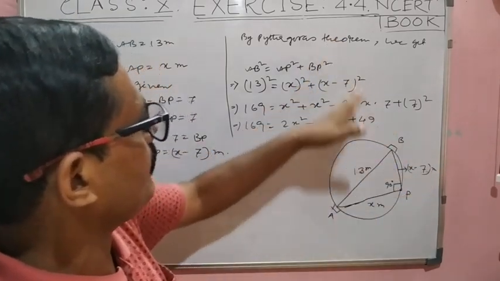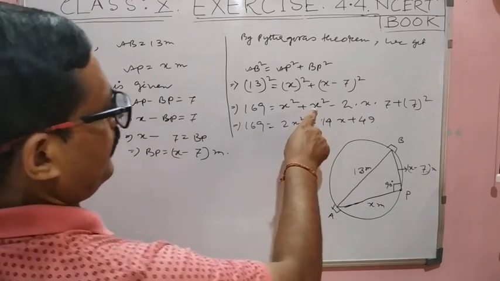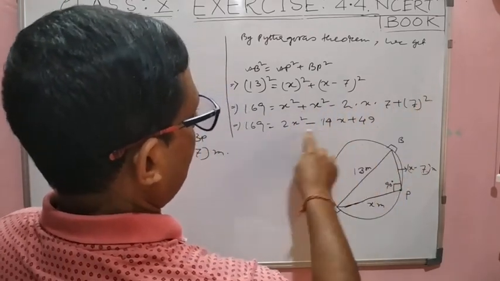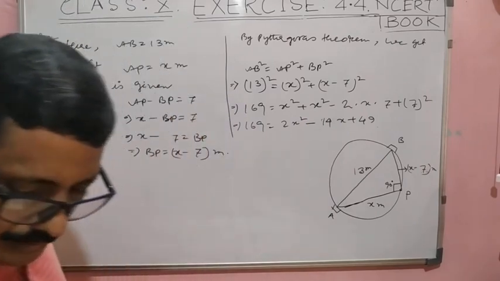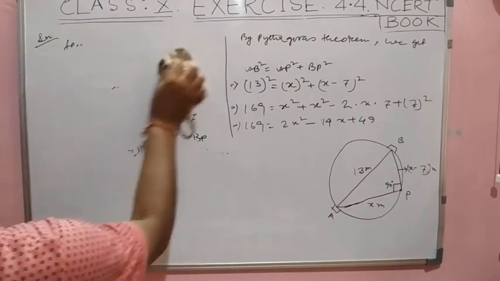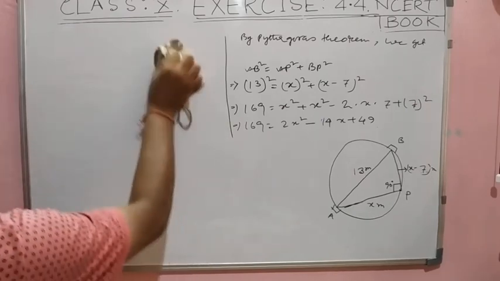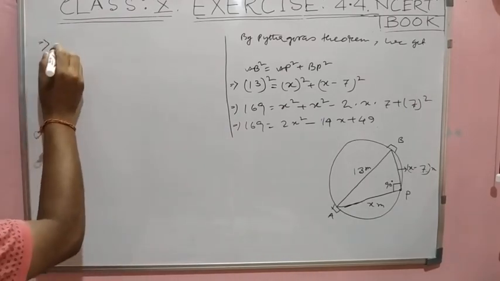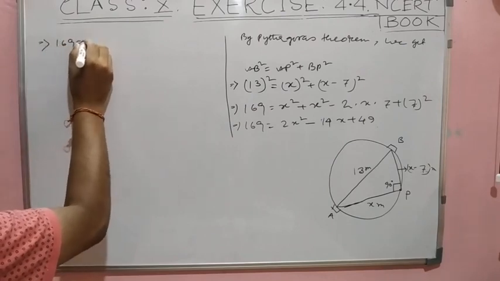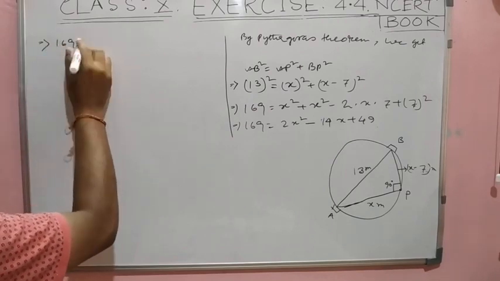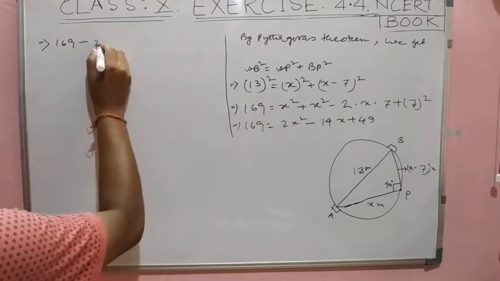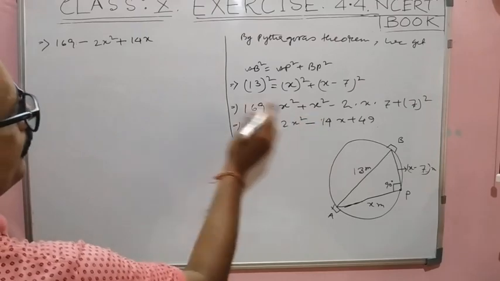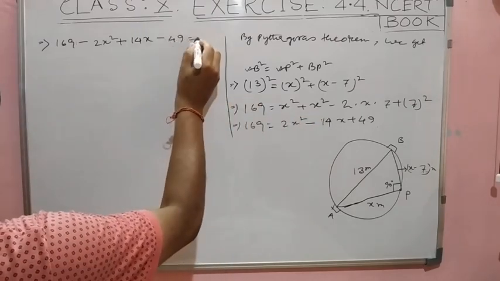Now Pythagoras theorem we have applied. So we get here a minus b whole square, a square minus 2ab plus b square. Now on calculation, let us simplify this one. It will be 169 equal to 169. Transfer all this to this side: 2x square minus 14x plus 49 equal to 0.